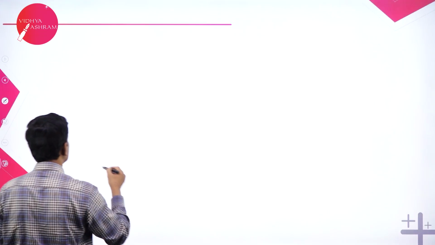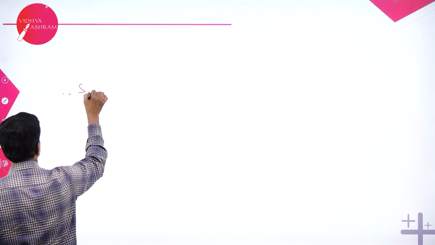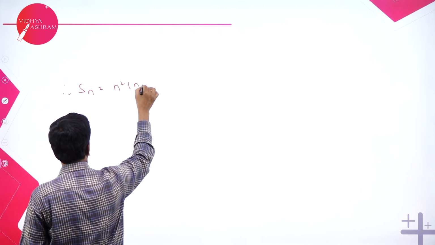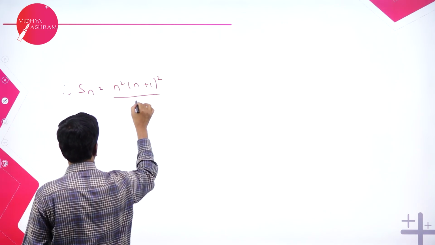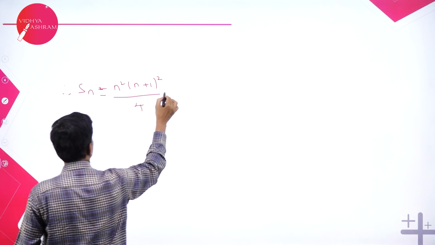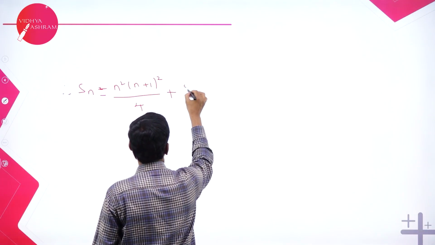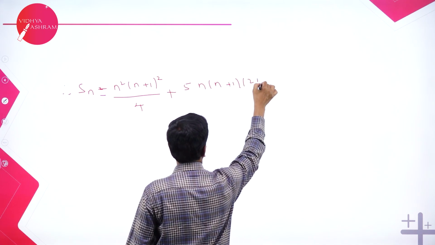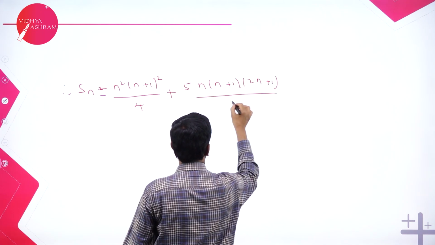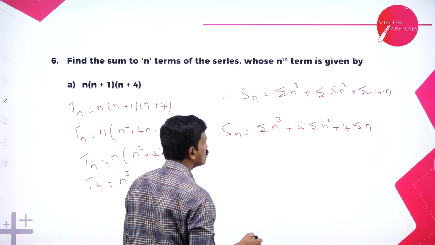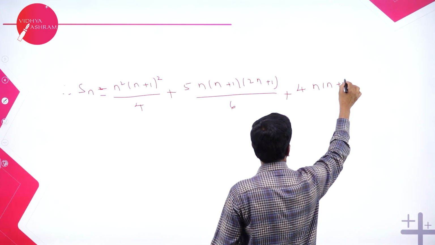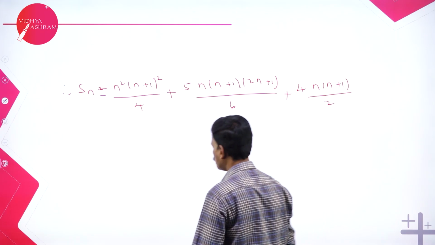Sigma n cube is n square into n plus 1 whole square divided by 4, plus 5 into sigma n square, which is n into n plus 1 into 2n plus 1 divided by 6, plus 4 times sigma n, which is n into n plus 1 divided by 2.